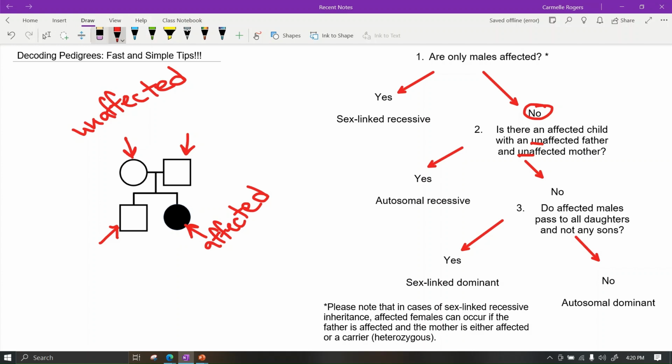When we look at our chart, we see that that is in fact what we have. So this child is affected, but the mother and the father are unaffected. So that would be a yes. And if we answer yes, that means this pedigree shows autosomal recessive inheritance. Let's try the next question.